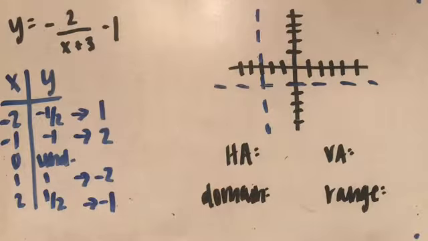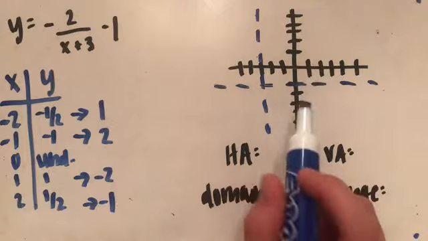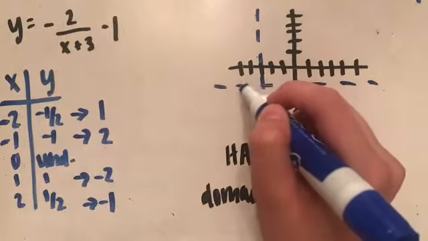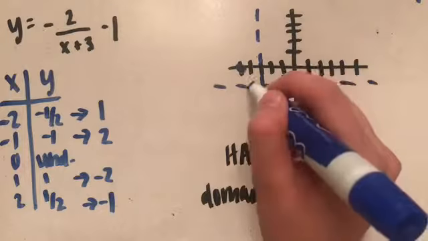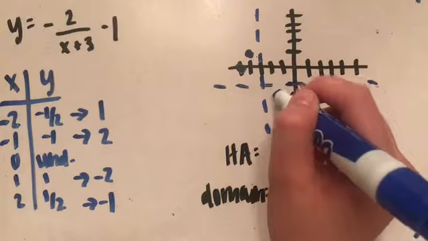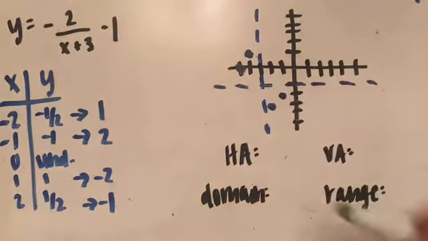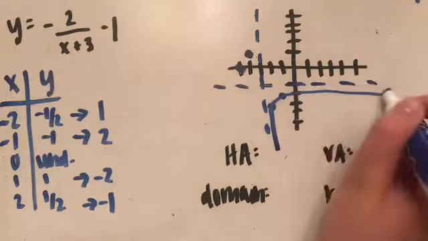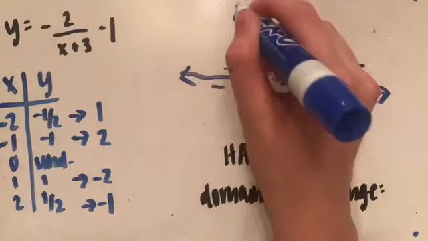And now we plot our points based on our asymptotes. As if this was the origin, we would go over 2 and up 1. Then we connect our points, and we have our graph.